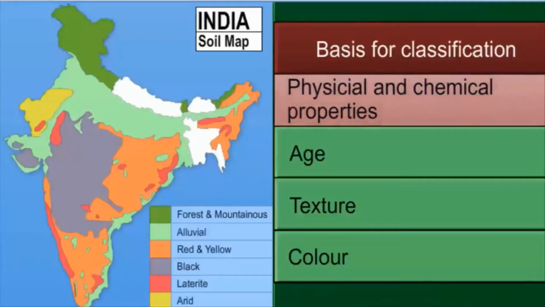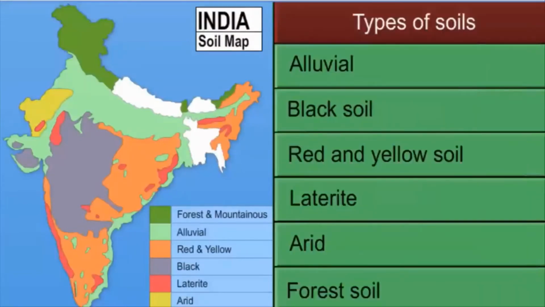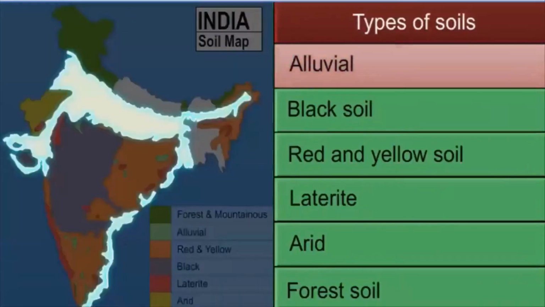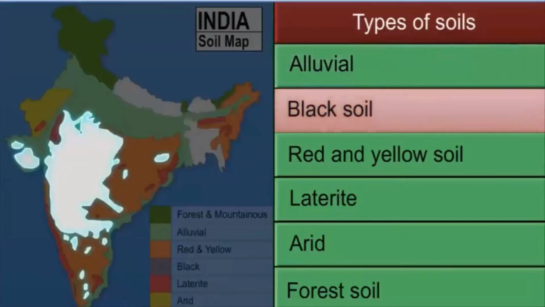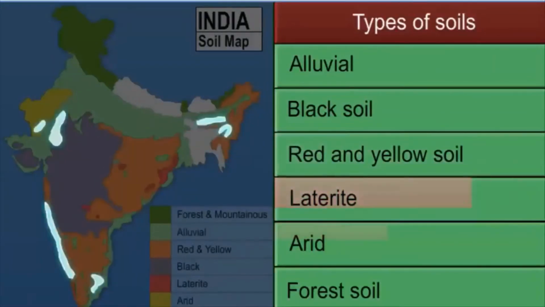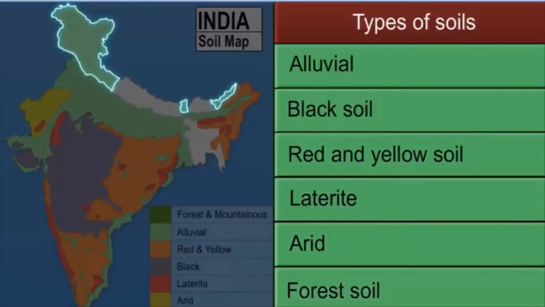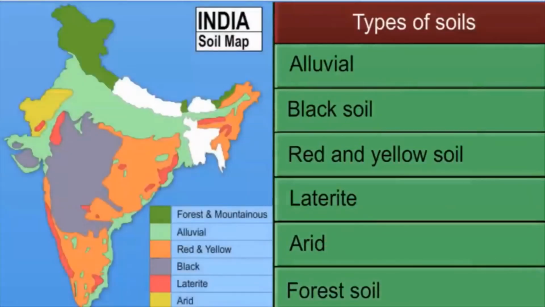Soils are classified based on their physical and chemical properties, age, texture and color. Soils in India can be classified as alluvial, black soil, red and yellow soil, laterite, arid and forest soil. Let us learn more about each of these types of soils.